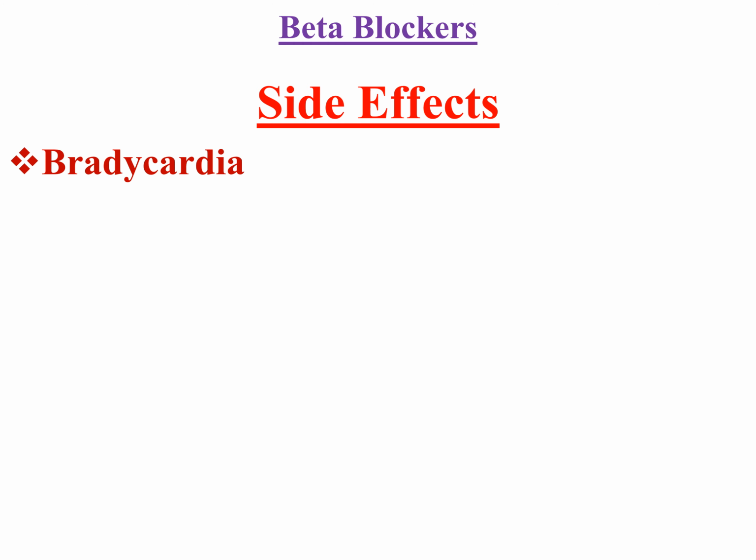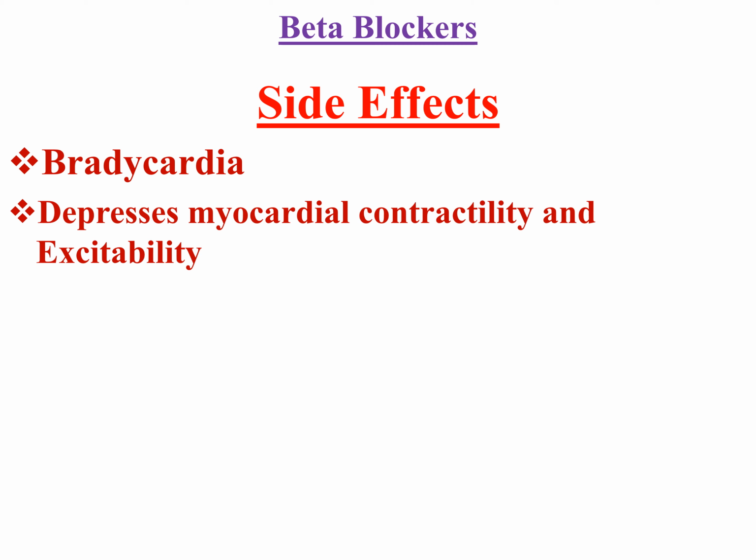Now, some of the side effects that will be produced by the beta blockers will be very easy to explain. So we know that they are going to produce bradycardia. That's because, again, they are blocking the beta-1 receptors in the heart. The same, because they are blocking the beta-1 receptor in the heart, they are going to depress the myocardial contractility.